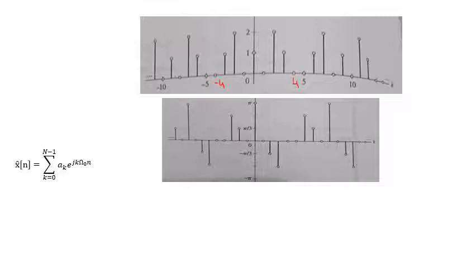Hope you understand. So at minus 3 it has the same value as at plus 6. Okay, similarly at minus 2 it has the same value as at 7, or at minus 1 it has the same value as at 8.